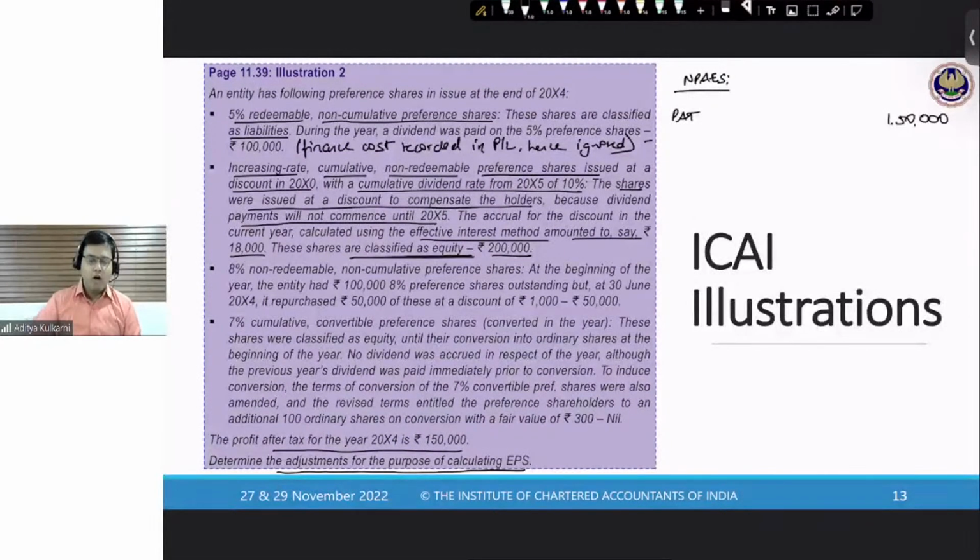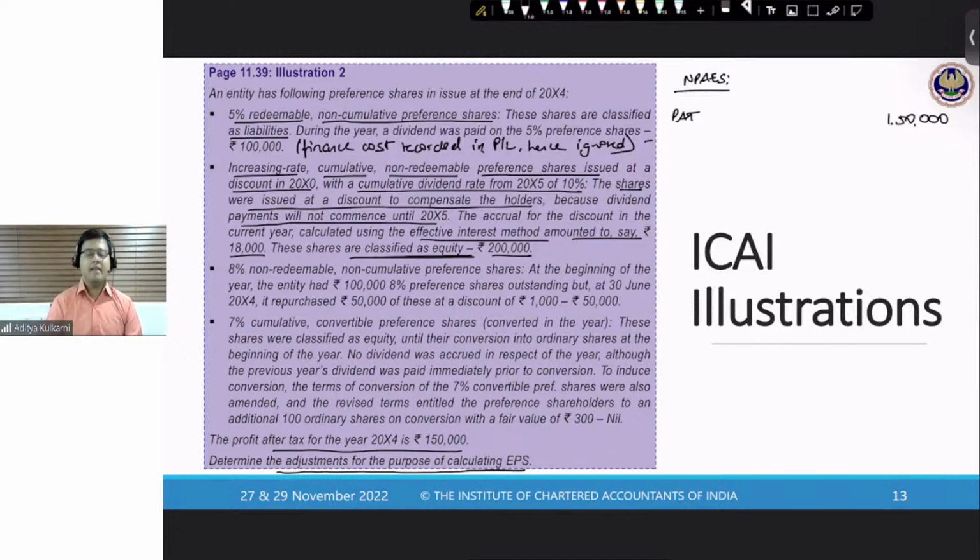But tell me, for the ordinary shareholder, his return is ultimately reduced by this discount because he's going to get less. Yes or no? Discount, to whom did you give it? Sir, discount you gave it to these increasing rate non-redeemable preference shares. Because you gave them a discount, the money that came in the company is lower by the discount amount.